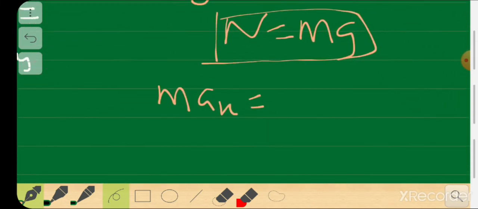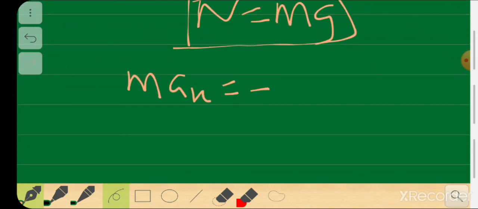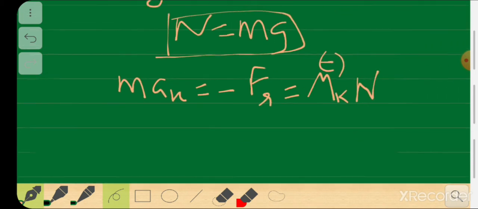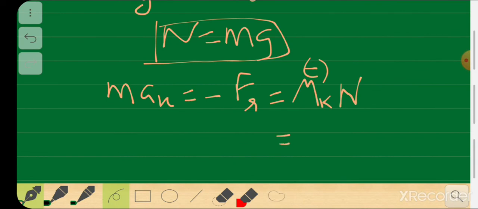So max is equal to minus the frictional force, which is equal to mu k times the normal force, with a minus sign. The normal force is just mg, so this is equal to minus mu k times mg, right?